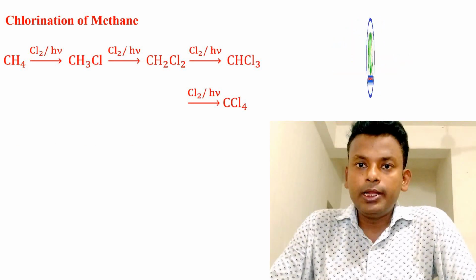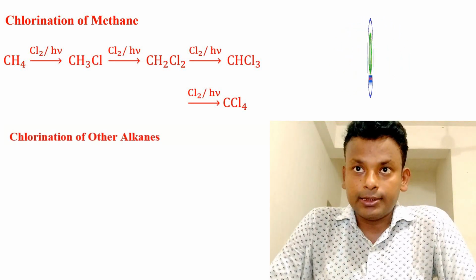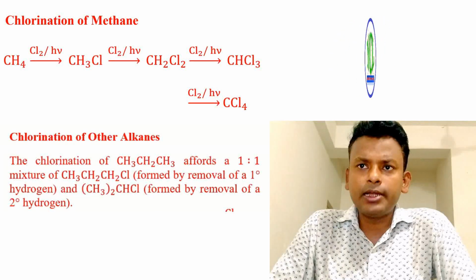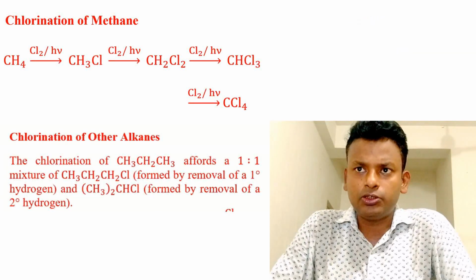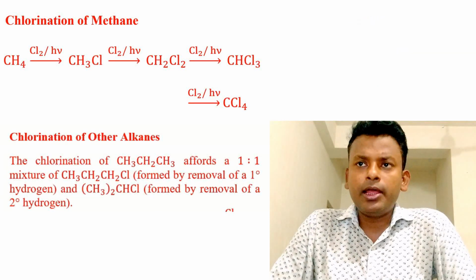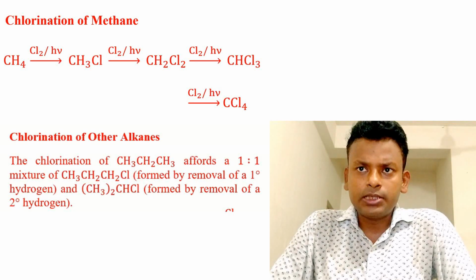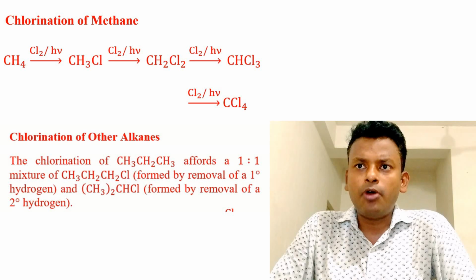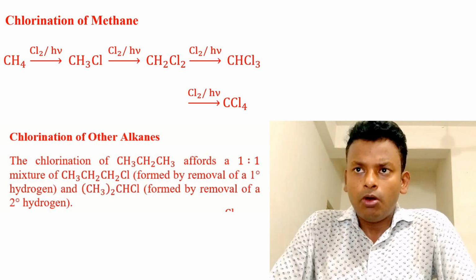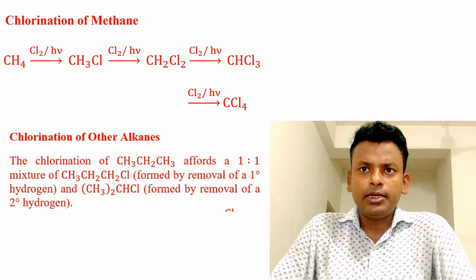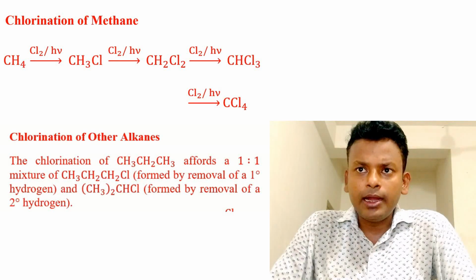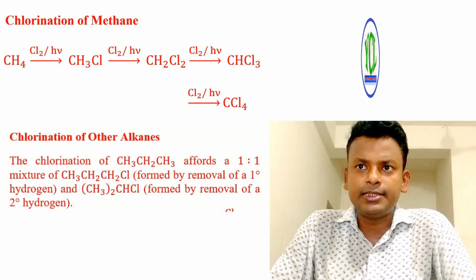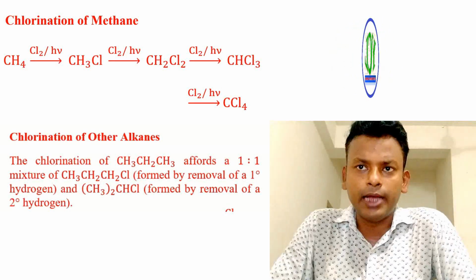And then chlorination of other alkanes. The chlorination of propane, that is CH3CH2CH3, affords a 1:1 mixture of CH3CH2CH2Cl, from removal of a 1 degree hydrogen, and (CH3)2CHCl, from removal of a 2 degree hydrogen.